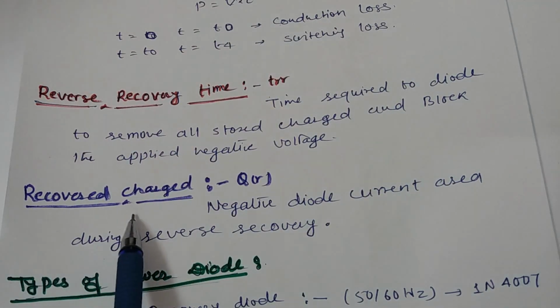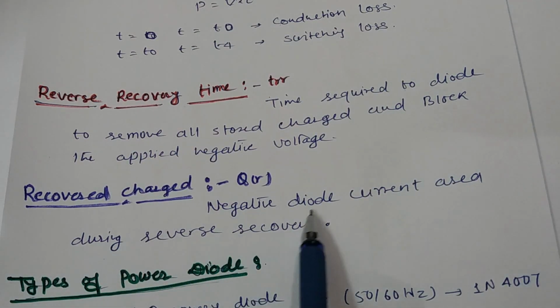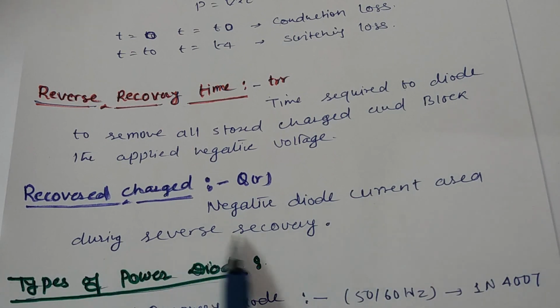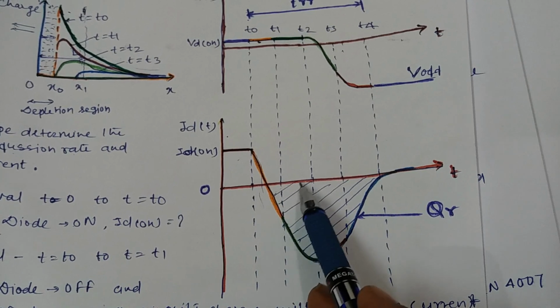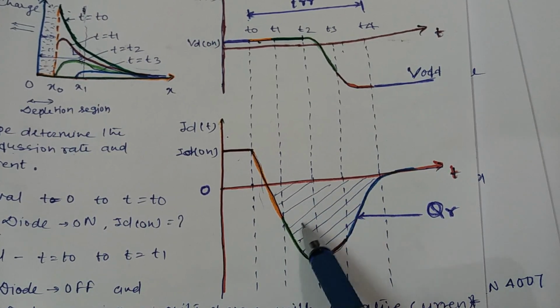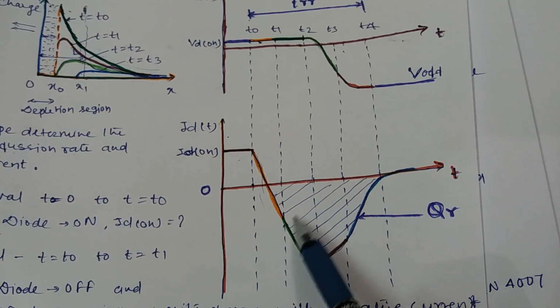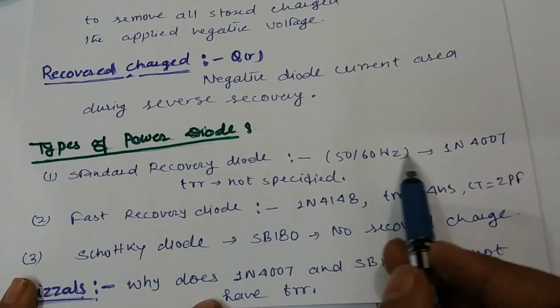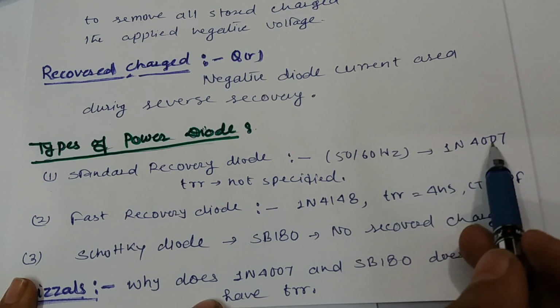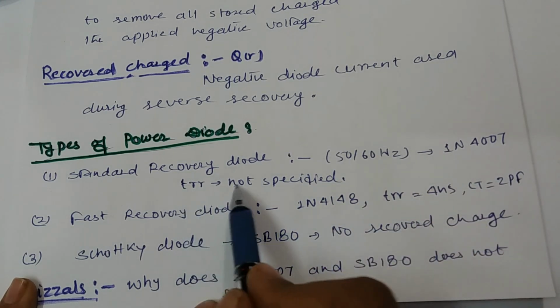Now what is recovered charge? It is the negative diode current area during reverse recovery, that is the diode stored charge. So this one is the recovered charge area. For example, for the IN4007 the TRR is not specified.